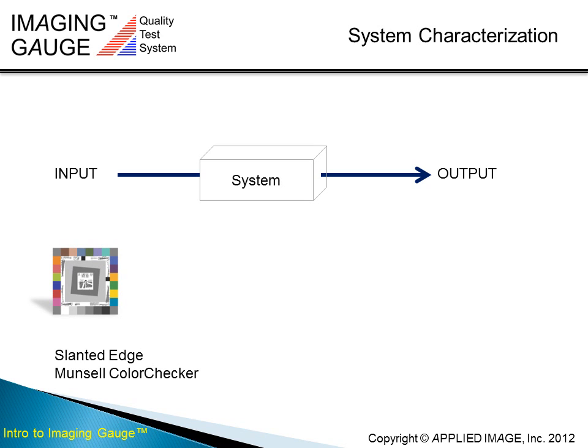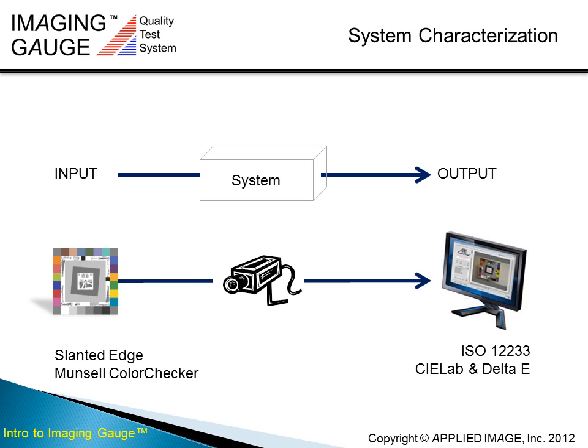For camera systems, the input is a slanted edge in order to determine the resolution, and the color patches are based on the Munsell color checker. We use, as I mentioned before, the ISO standard for assessing resolution, and we employ a delta E measurement for color accuracy.